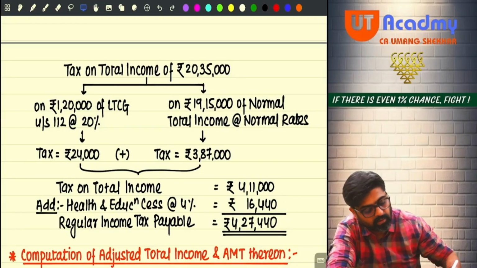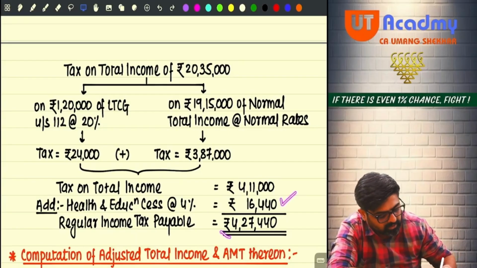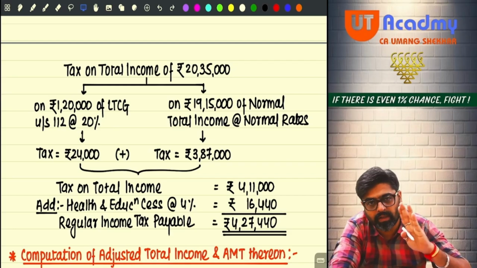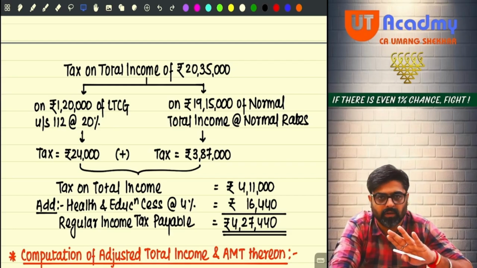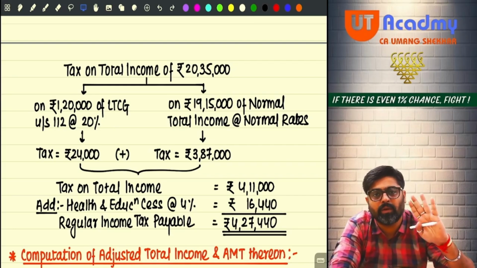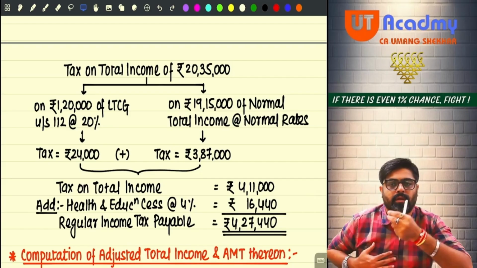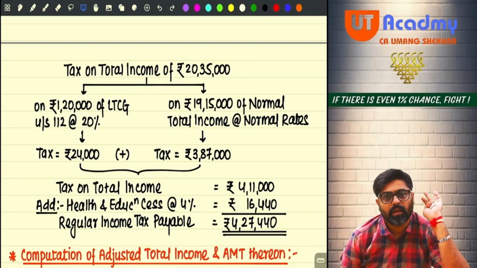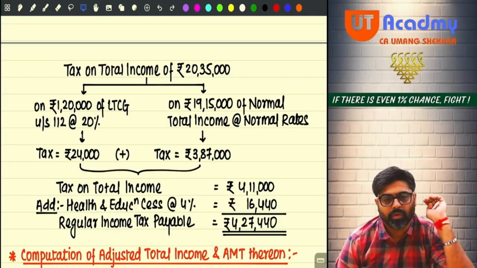So I will apply only 4% cess. So my tax payable will be 4,27,440. This 4,27,440 is including cess and surcharge, total tax. If I am liable to pay this tax, this amount will go from my pocket to the government. But the government is saying, Mr. Ram, AMT provisions are also made applicable to you, no?